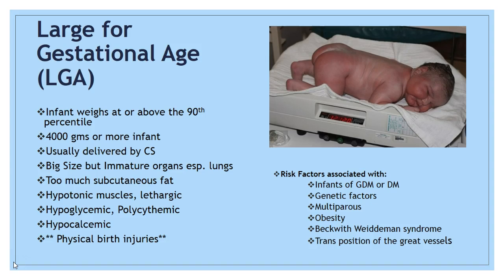Risk factors to make you an LGA baby would include infants that are born to mothers who have gestational diabetes or who are just regularly chronically diabetic. Genetic factors. So if your mom typically has large babies, that puts her other large. I have an aunt who is a very teeny tiny lady.